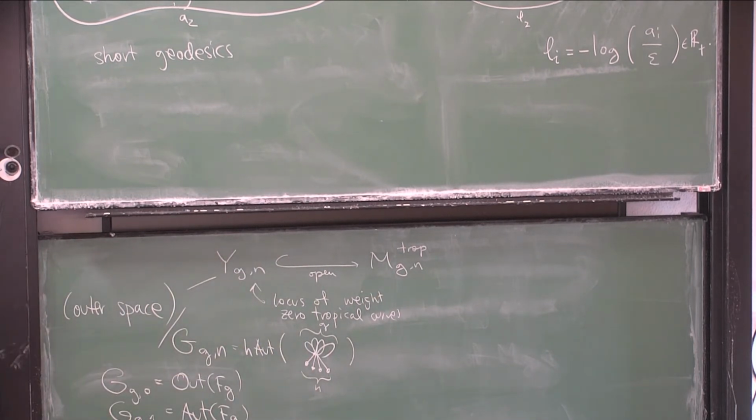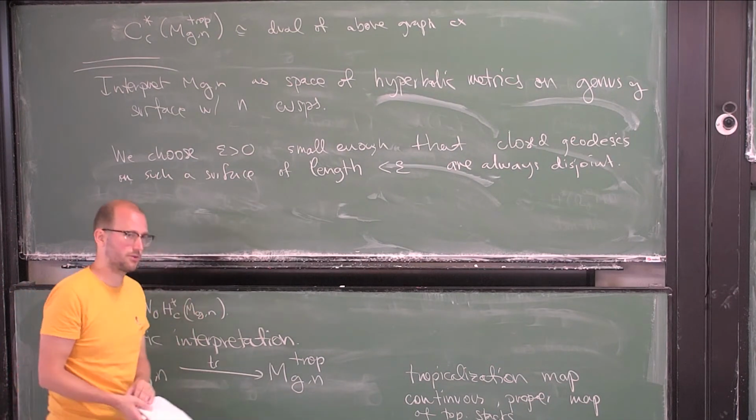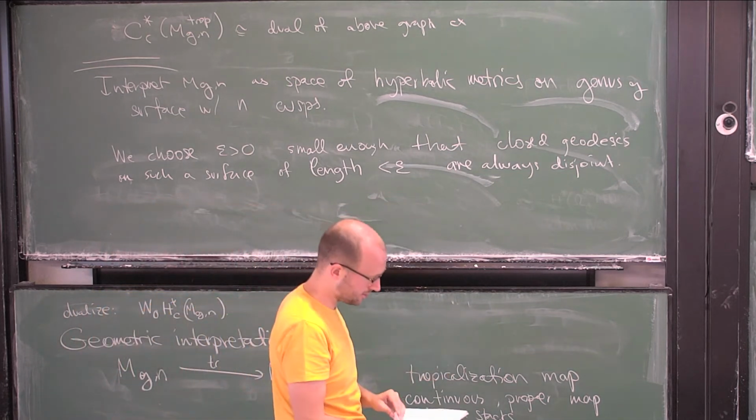This is open because the complement, if you contract something to get the genus vertex, you always get something of smaller dimension.